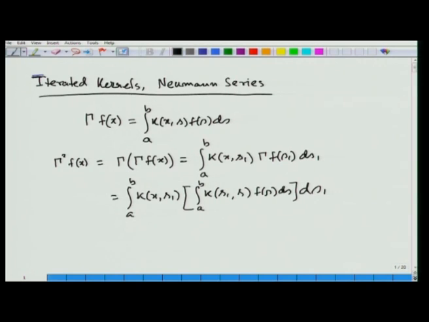Now, rearranging the terms, that means interchanging the order of integration, we can write this as actually integral a to b k(x, s1) k(s1, s) ds1. This result can be integrated from a to b multiplied with f(s) ds.